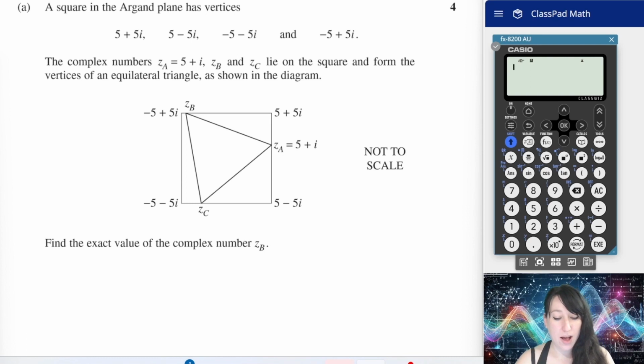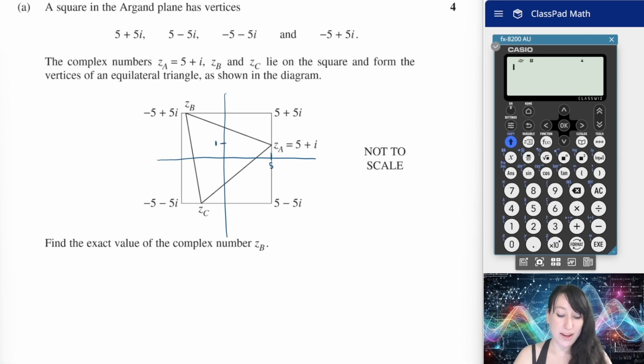Okay, I might sketch the axes on this diagram. 5 plus i is 5 to the right and 1 up. Okay, this is an equilateral triangle, so the angle in each corner is 60 degrees or pi over 3. So what I'm going to notice is that zc minus za is going to be zb minus za rotated clockwise by pi over 3.